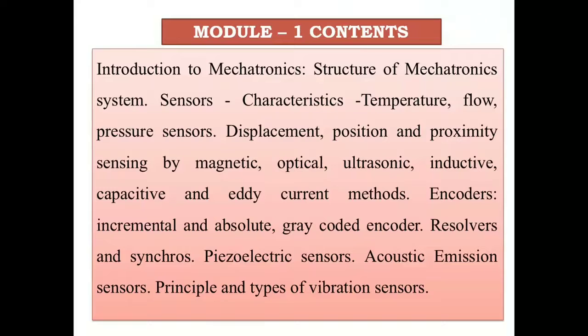So coming to module 1, the contents are, first of all, it introduces mechatronics and the structure of a mechatronic system, and a brief idea about sensors and their characteristics, and also covers sensors for temperature, flow, pressure and the like, and gives an idea about displacement, position and proximity sensors using metallic, optical, ultrasonic, inductive, capacitive and eddy current methods.